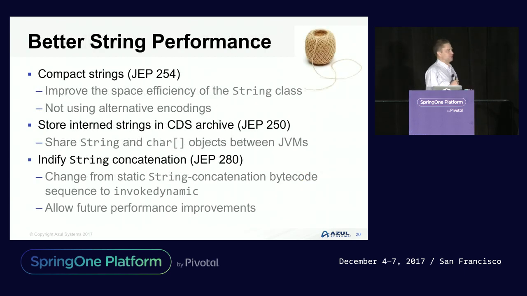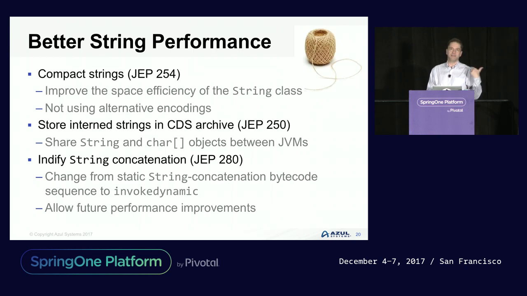Better string performance. Several things happened here. So the first is that if you look at the way that the JVM represents strings internally, it has always used 16-bit encoding. And for most applications, certainly if you're in the US, Canada, Western Europe, you don't need 16-bit encoding. Most people use 8-bit encoding.